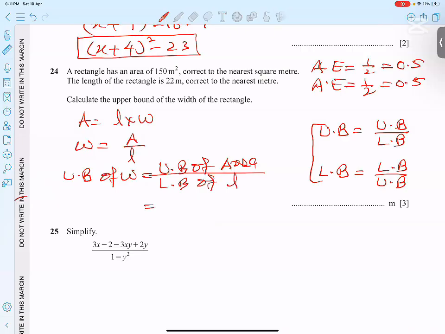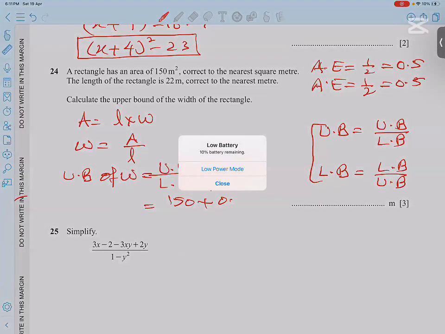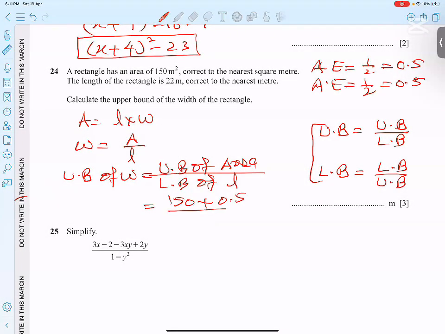So upper bound of area means 150 plus 0.5, and lower bound of length means 22 minus 0.5. And if I check it in the calculator, it gives us exactly 7. I hope, students, the point is very clear and we have done it.